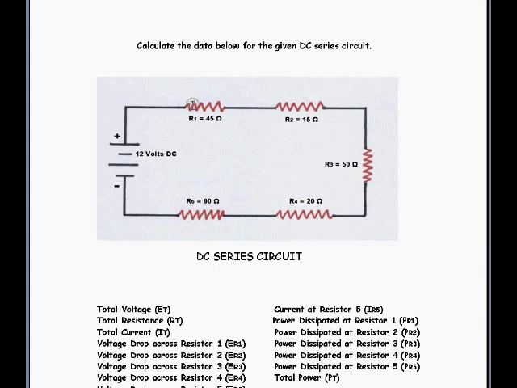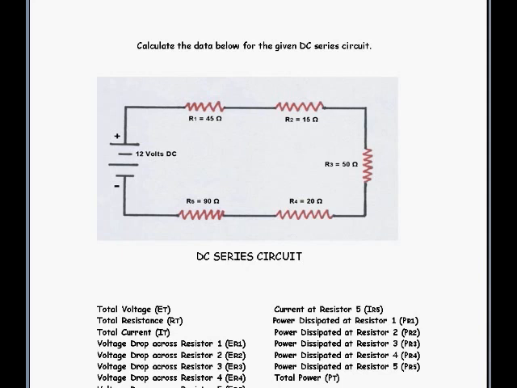E is equal to I times R. So we know the current, we know the resistance, we multiply them out, we get the voltage drop. So the total number of voltage drops will equal the total amount of load going through the circuit here. From that point, we can then calculate the power. P is equal to I times V, current times voltage, the power dissipation by each resistor.